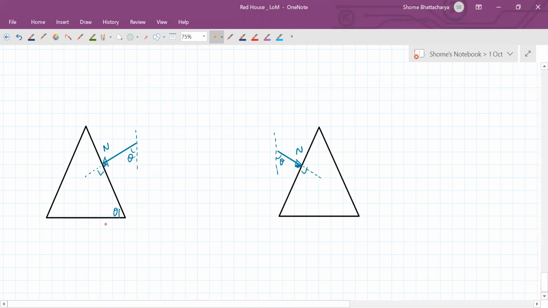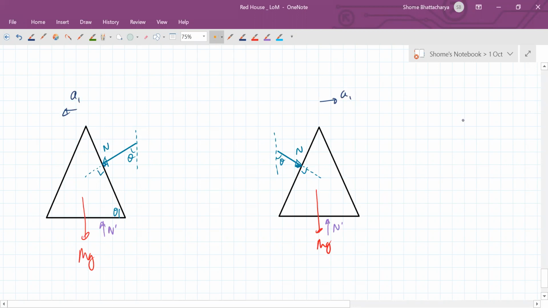And of course, weights and some kind of normal reaction from the ground. So as a result of this, it has an acceleration A like this, and the other will have the same acceleration A1 like this.